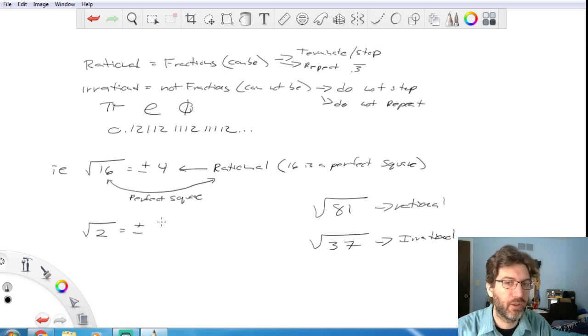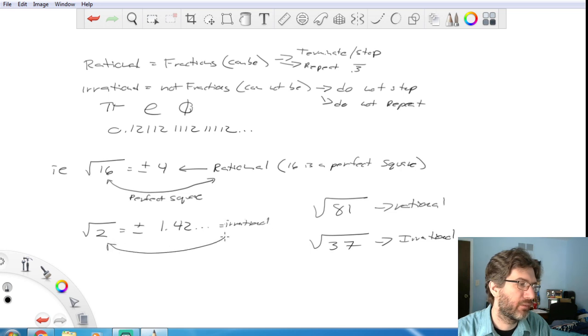It's going to be plus or minus 1.42 something, and it's going to go on not repeating and not stopping ever. So this is irrational because this is not a perfect square.